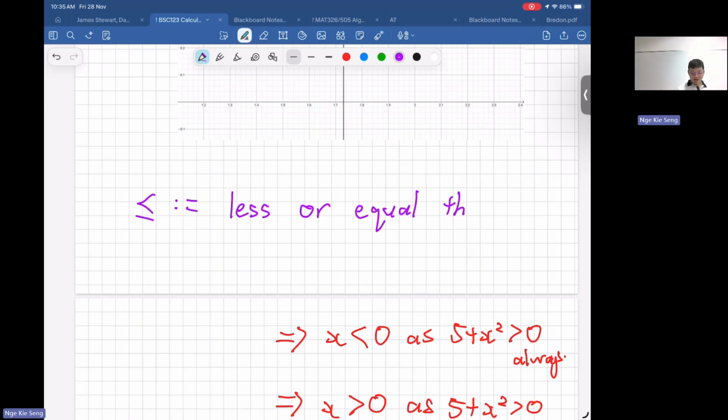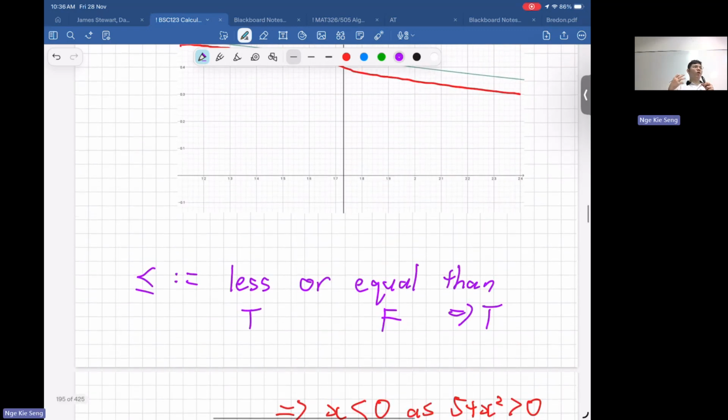About this 'or', if you have one side true and the other side false, it is still true. If a proposition is 'or', true, false, true, one of them being true is enough. But if it is 'and', then it's another thing. You have to be both true. You understand what I said?